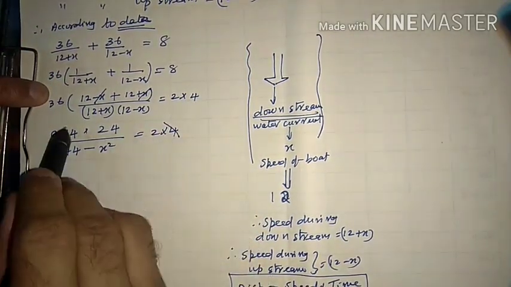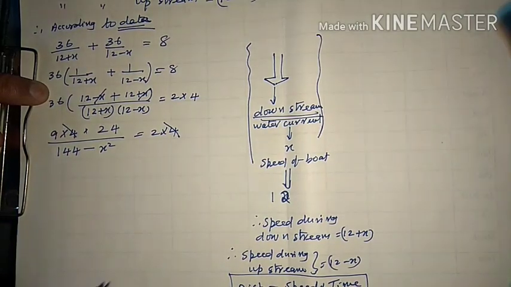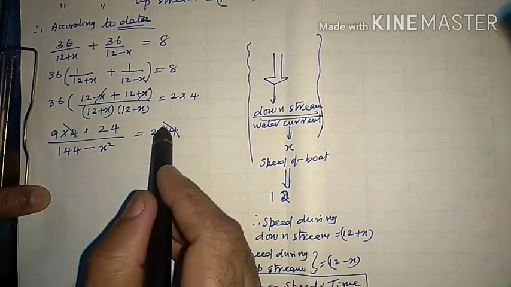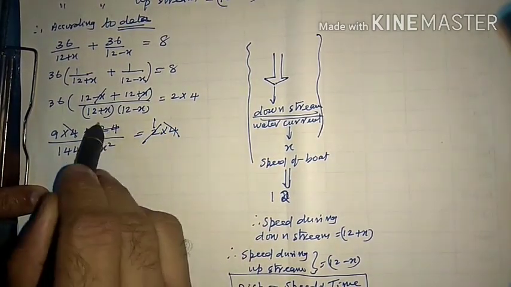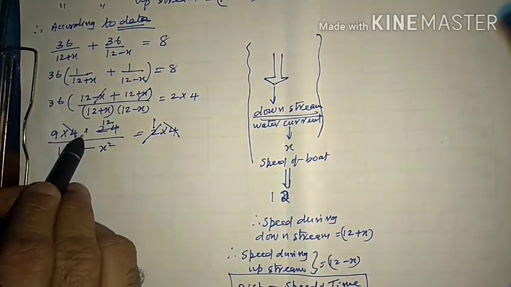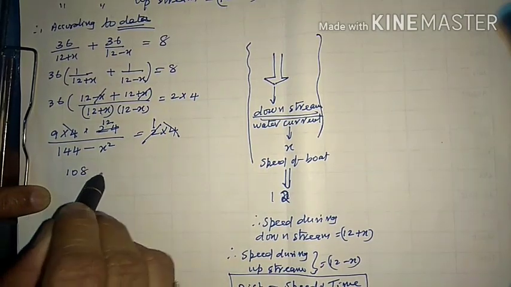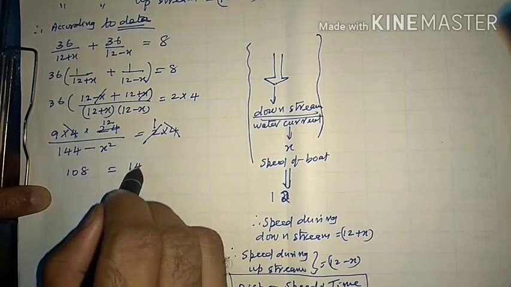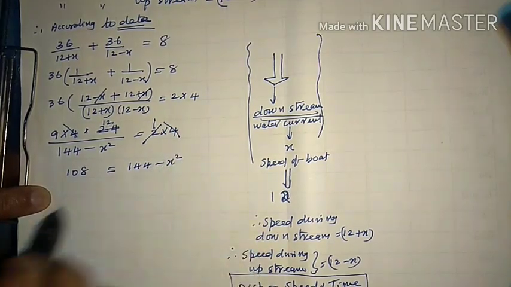We cross multiply and simplify. Now see, the 4 on both sides cancels, and the 2 can also be cancelled, and here 12. So 12 into 9 is 108, equal to 144 minus x square.